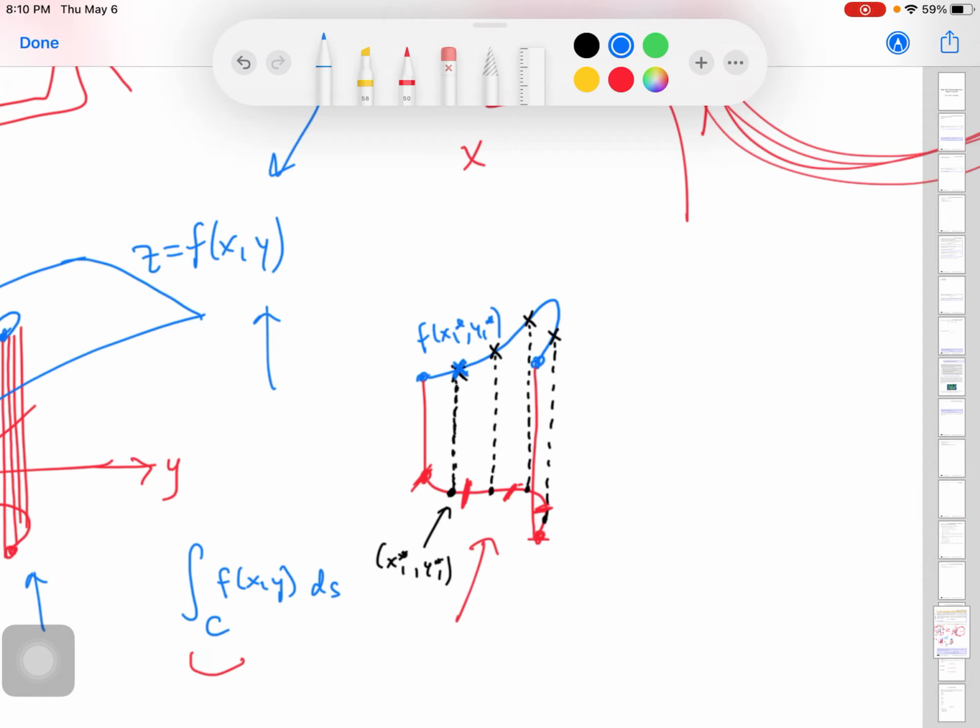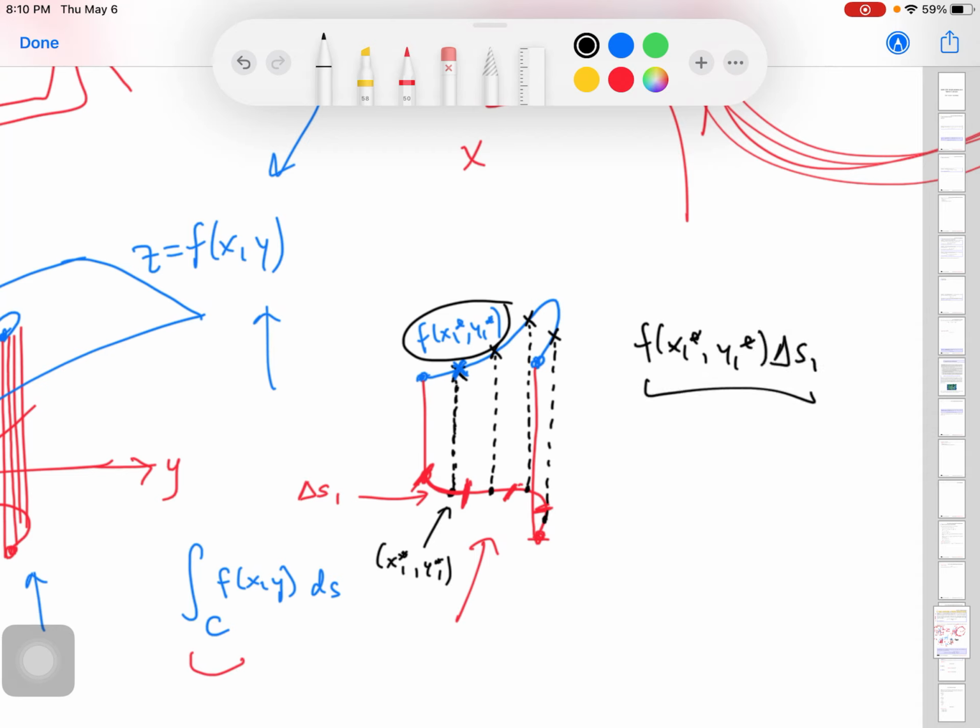And then you do what we usually do. We create a rectangle basically, and we find the area of that rectangle. In this case, we can take this arc length, and if we call that delta S1, and then we multiply it by this height over here, then we're getting f of x1 star, y1 star, times delta S1.